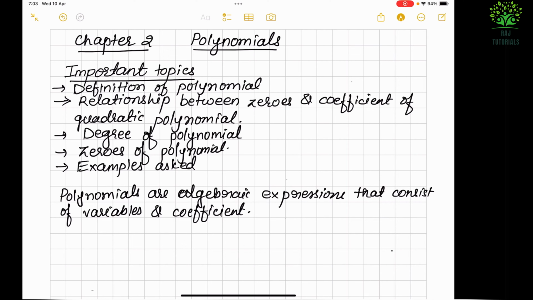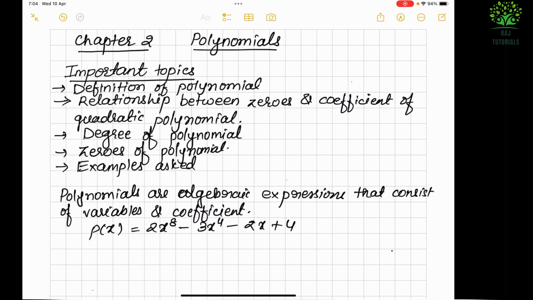Now let us see an example. Let me take p of x equal to 2x raised to 8 minus 3x raised to 4 minus 2x plus 4. Here x raised to 4, x raised to 8 are all variables.